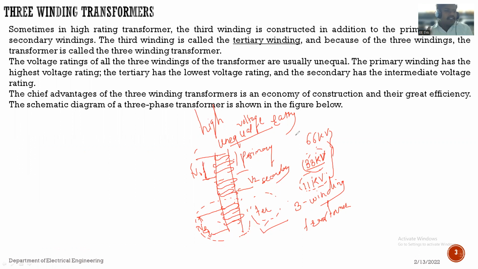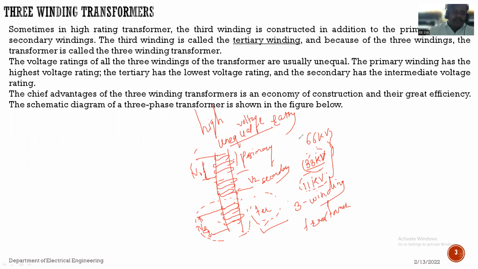So what is the advantage of this? The main advantage of the three winding transformer is economy of construction, and due to that economy of construction it also has greater efficiency.